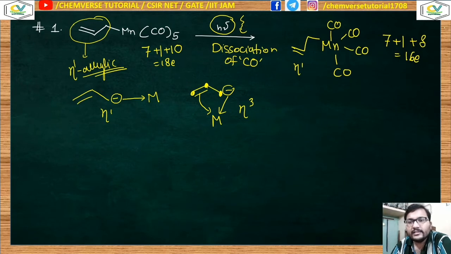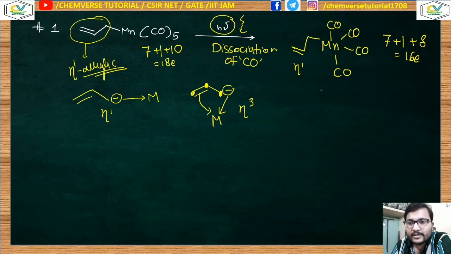So now it will think about how it can gain 2 electrons from its ligands to fulfill the 18 electron structure. In order to do that, if the hapto-1 ligand is transformed into hapto-3, if it changes the hapticity, then it will give 2 more electrons to the system, and that will fulfill its criteria to make an 18 electron species.